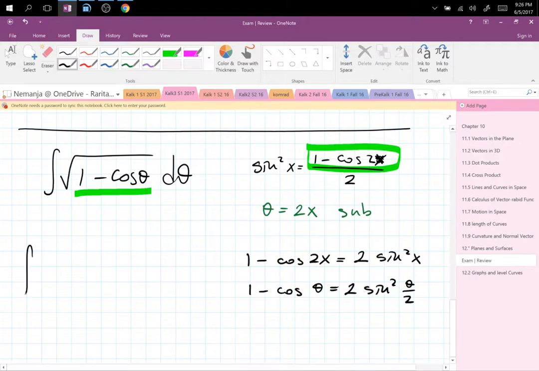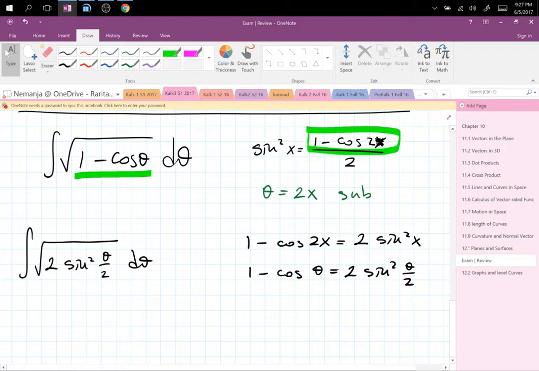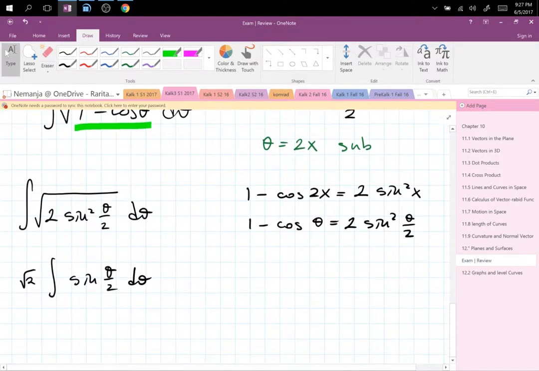So now that brings us to the integral of the square root of 2 sine squared theta over 2, d theta, and that's a basic integral now because root 2 gets kicked in front, the square kills the root, and you just have sine theta over 2 to integrate. And the integral of this is root 2, integral of sine is negative cosine theta over 2, but you also have to get the 1 over 1/2, which is another 2 in front.